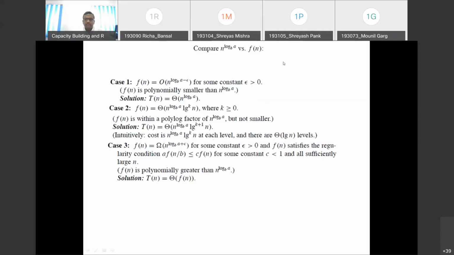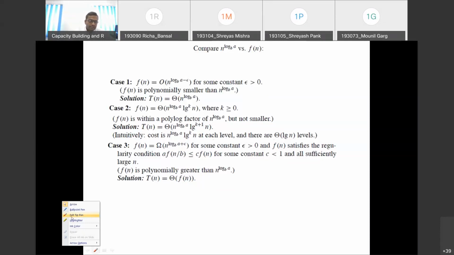Okay, so in the last class we started the master theorem, which was a method to solve your recurrence relations. Right? So the master theorem involved three steps. Step number one was to compare your f of n with n raised to the power log a base b.